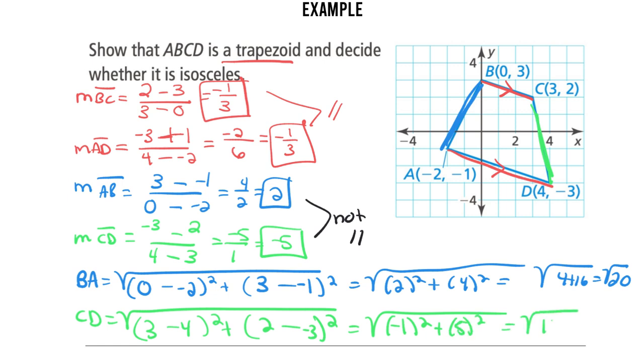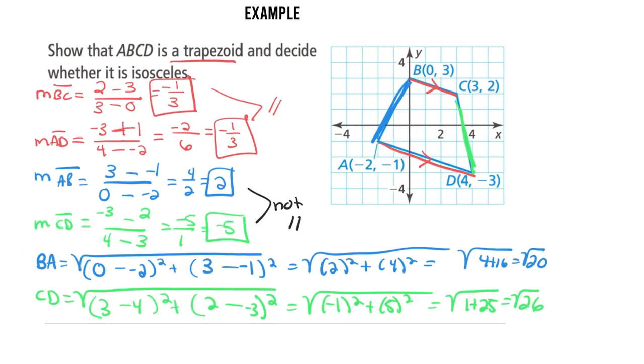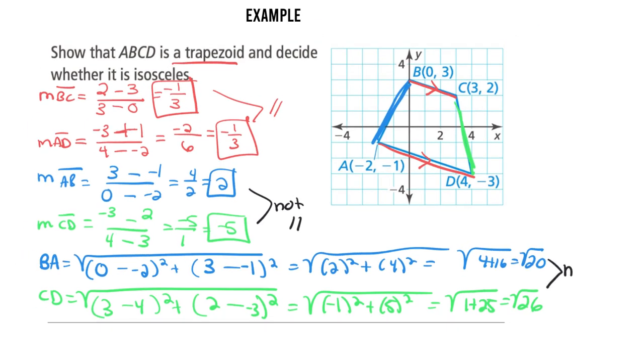So the square root of 1 plus 25, which is the square root of 26. So it's not congruent, so not isosceles. So this is just a trapezoid, not an isosceles trapezoid. Okay?